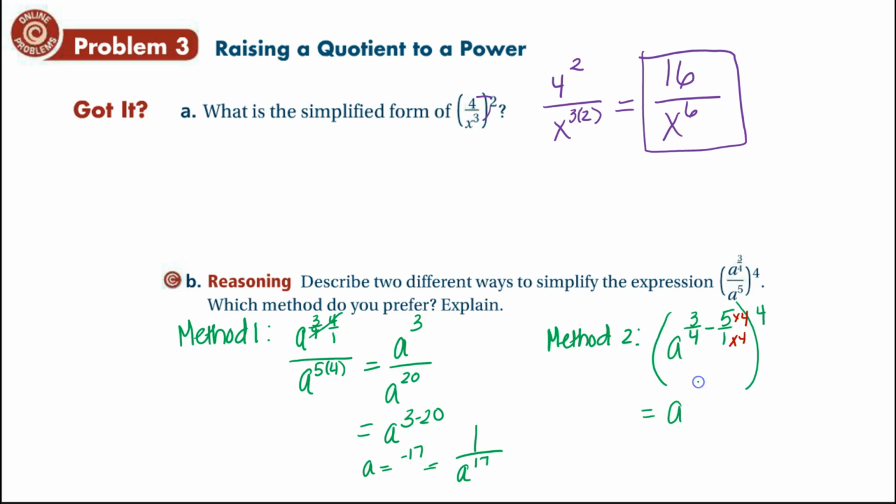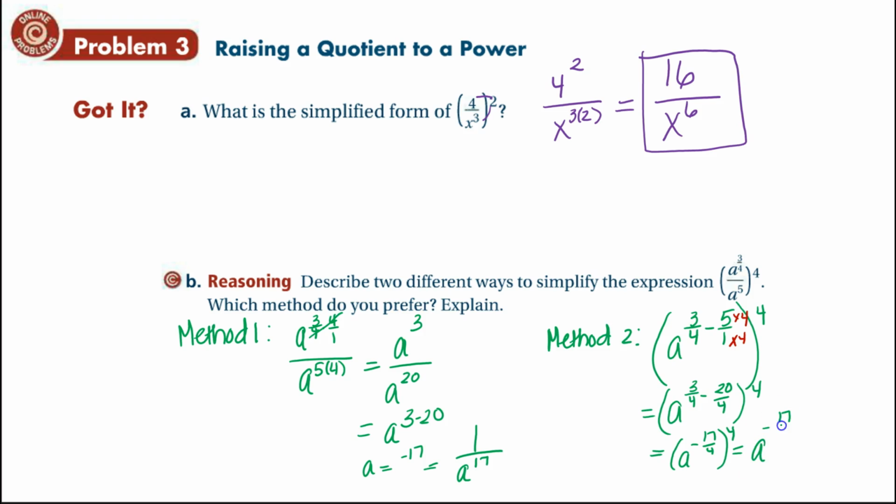So we get a to the 3/4 minus 20/4 to the 4th power. 3 minus 20 would be negative 17/4 to the 4th power.